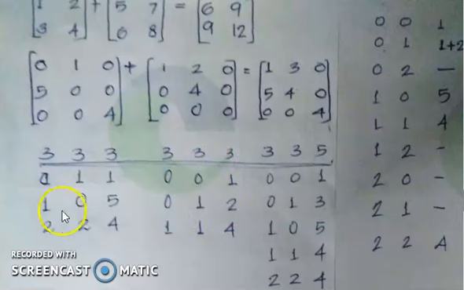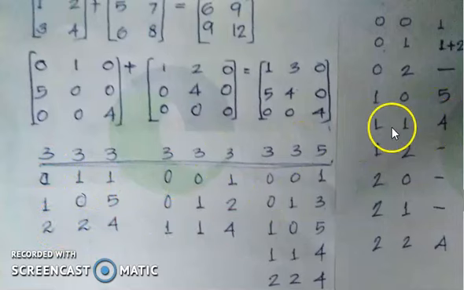Coming to 1 0, we have a 5 here and there is no 1 0 here. So write this row as it is. 1 0 is 5. Then at 1 1 there is no entry here, but we have a 4 here. So write 1 1 4 as it is.